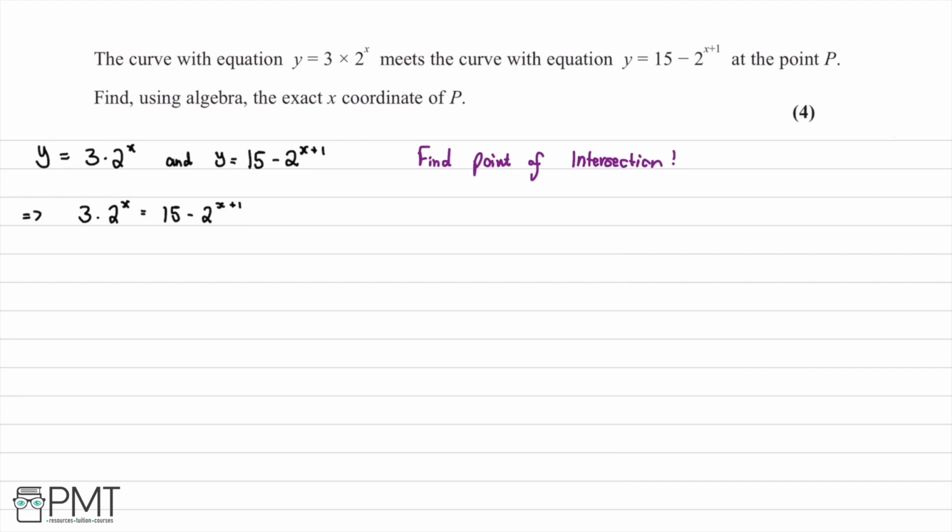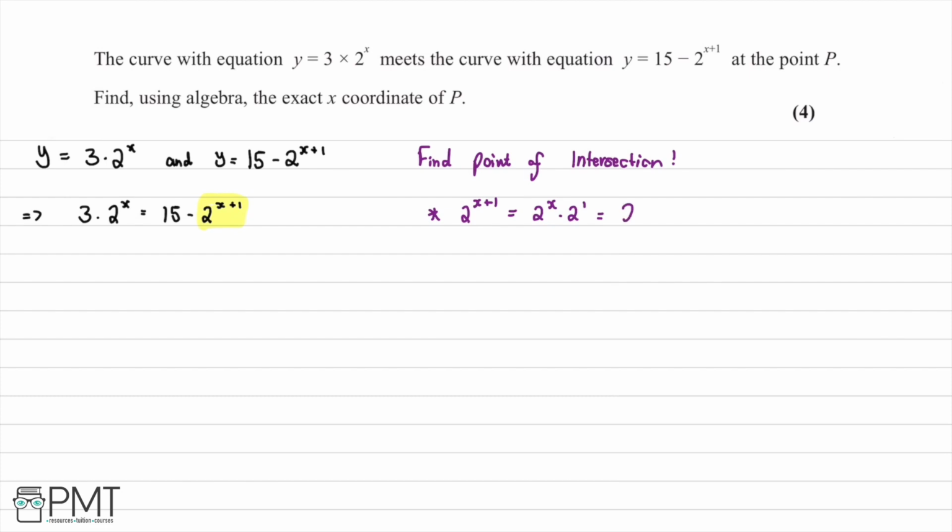So our first step is to take this term here, our 2 to the power of x plus 1. We'll put a star here and work on this at the side. We know that 2 to the power of x plus 1 is equal to 2 to the power of x multiplied by 2 to the power of 1, writing it out fully so we can see how the exponent rule works.